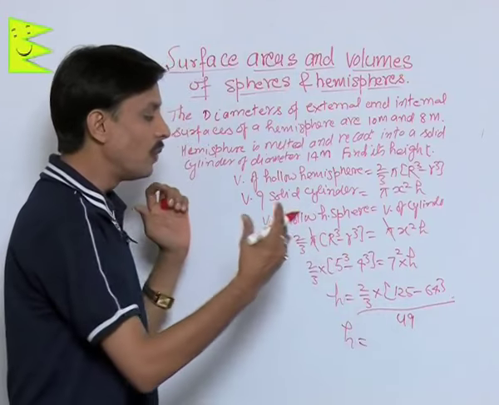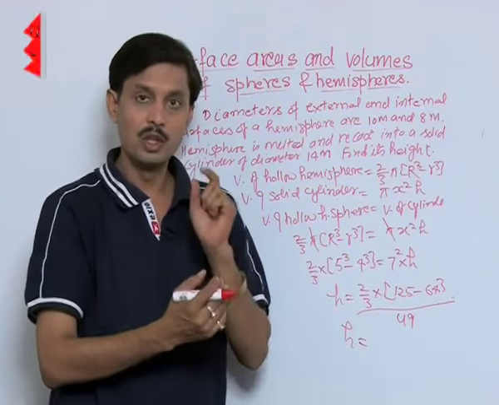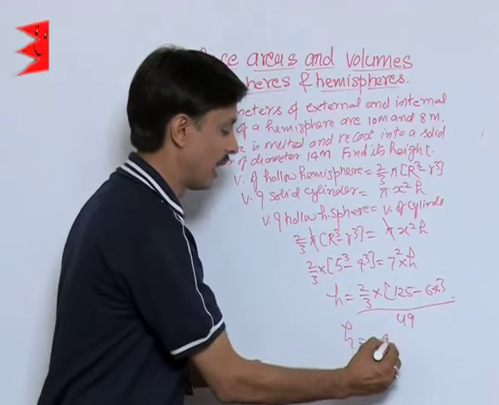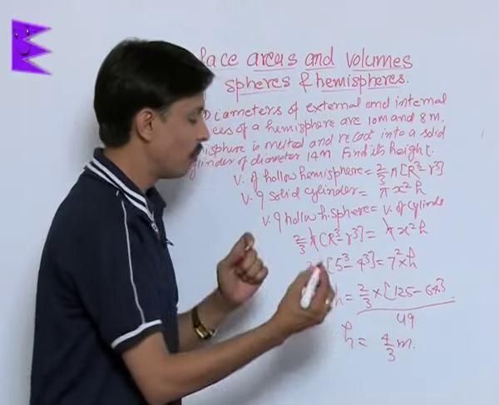49. If you simplify and solve it, you will get the result 4 by 3 meter.